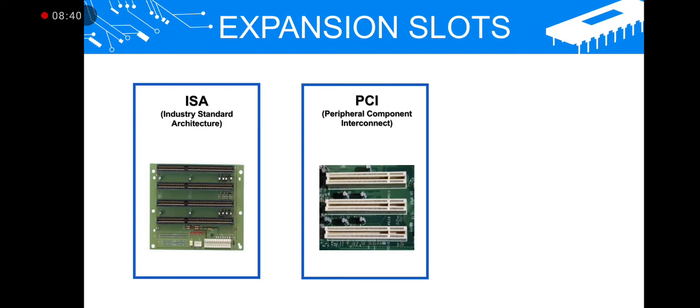ISA slot provides slow speed. PCI slots provide a high speed data path between the computer and the peripheral devices that are connected by the expansion slot. That means you have a high data speed connection between the computer and the input or output devices connected to your computer through the expansion slot. For example, a printer.